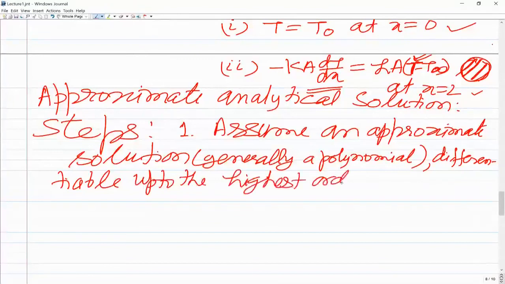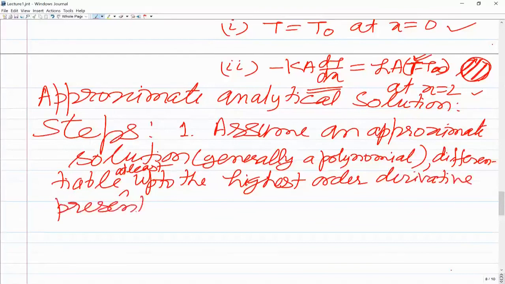It can be differentiable higher than what is present in the differential equation, but here what I'm saying is differentiable at least. So let me put: differentiable at least up to the highest order derivative present in the governing differential equation.